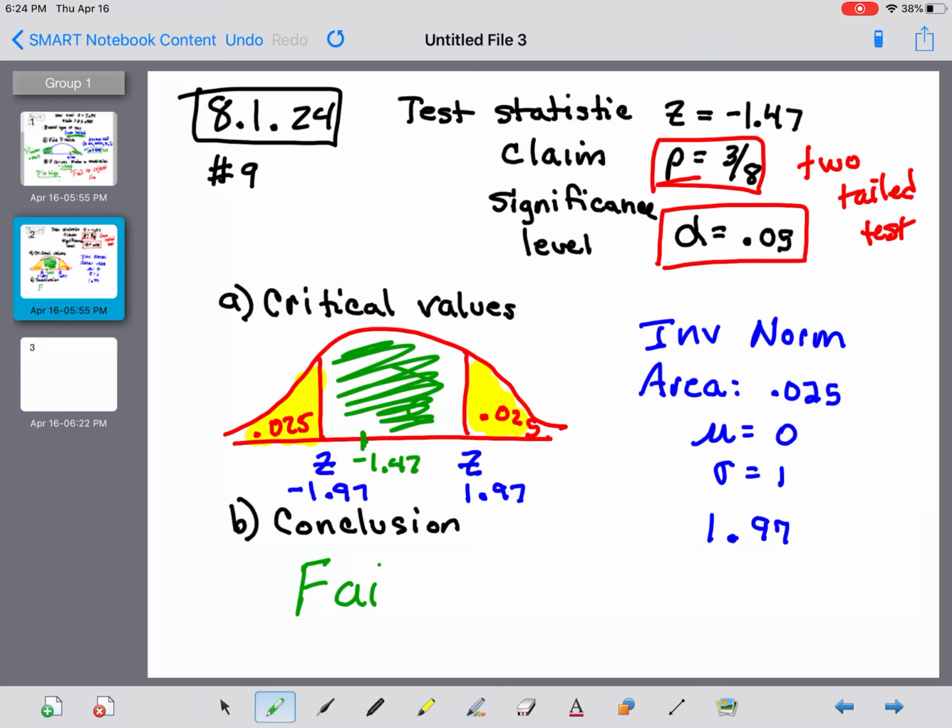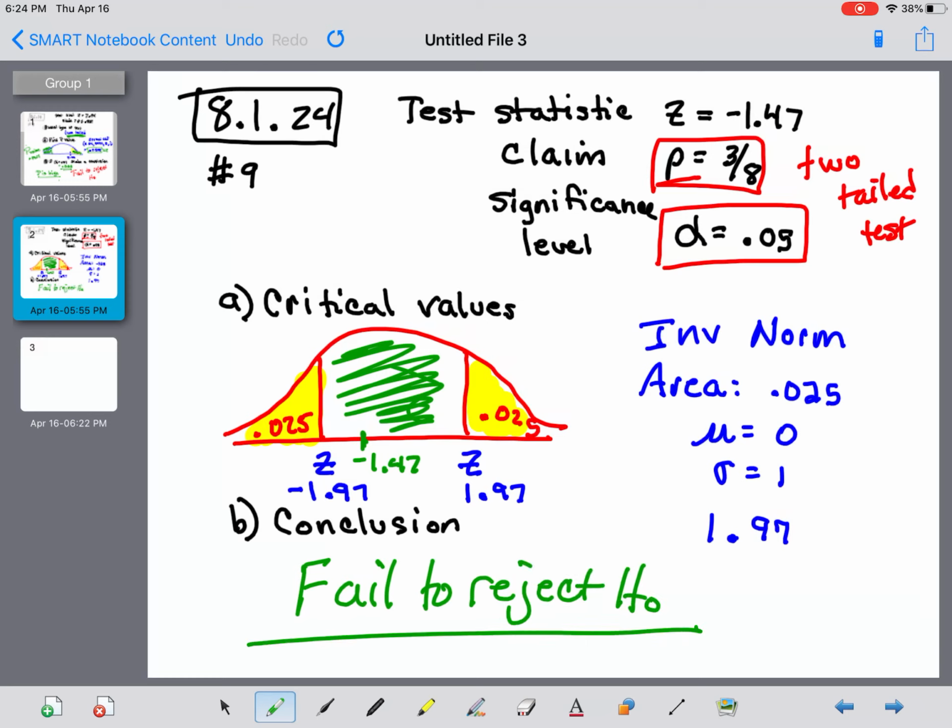So our conclusion is to fail to reject the null hypothesis, H0. It's just a matter of when to use inverse norm. I use inverse norm when I know the area and I'm looking for z, and I use normal CDF when I know z but I'm looking for the area.